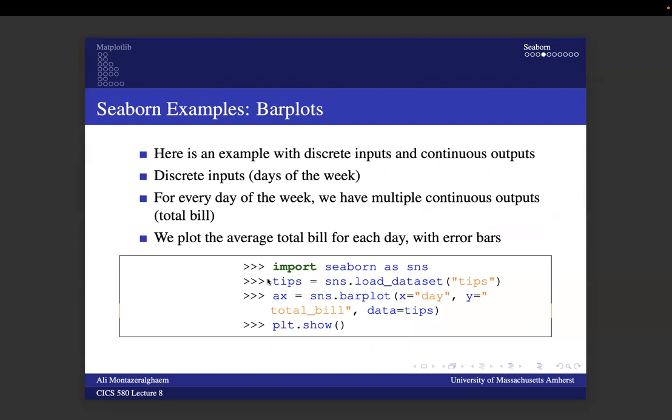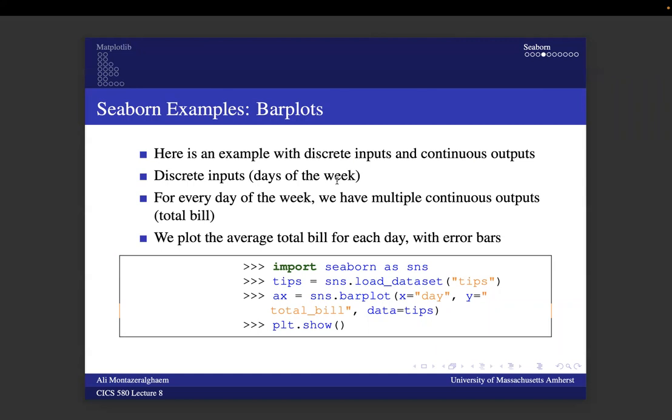For the discrete input, we have days of the week, and for each day we want to compute the total bill, or the total tips, that we get from the people in each day.